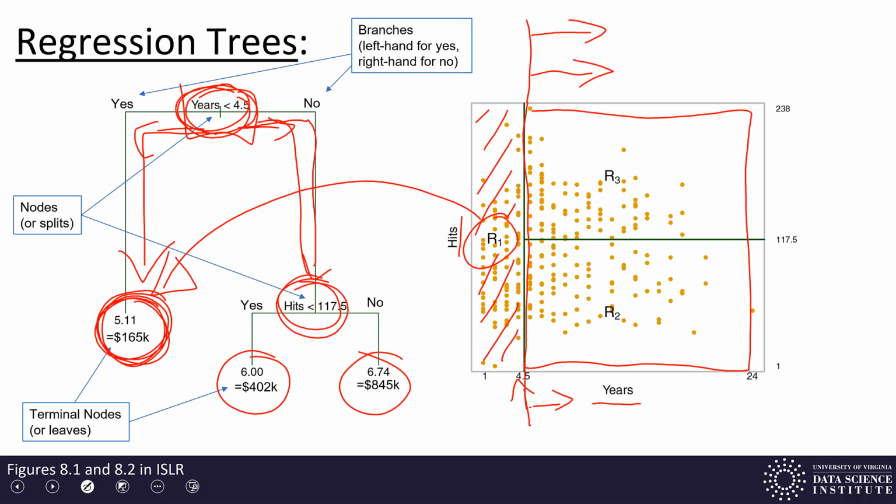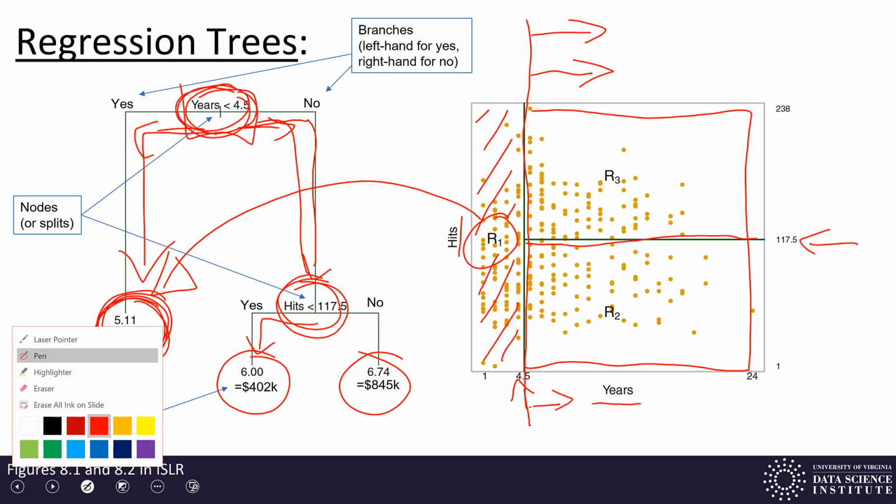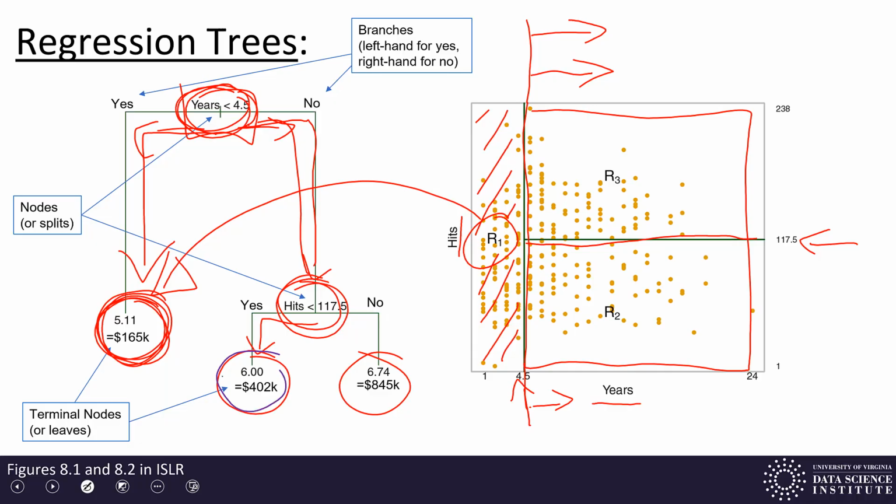That would be checked. If hits is less than 117.5, we'd go here. And so less than 117.5, right there's 117.5 on the hits axis. Hits are less than 117.5, so we're going to predict 402 salary for everybody in region 2.